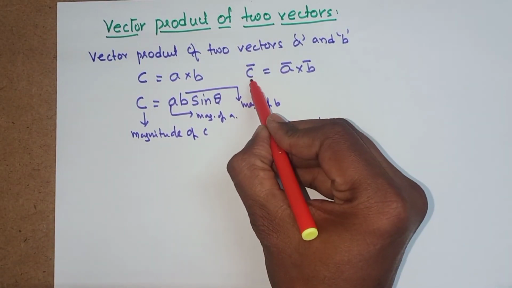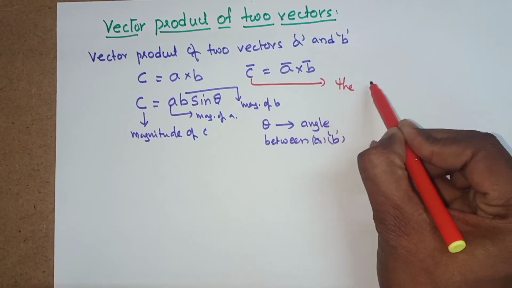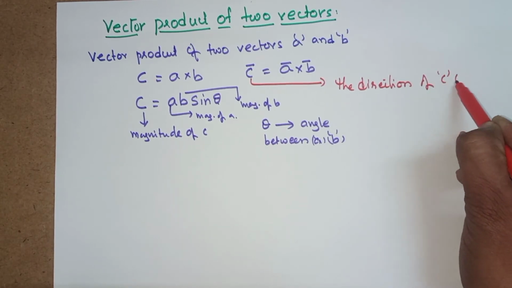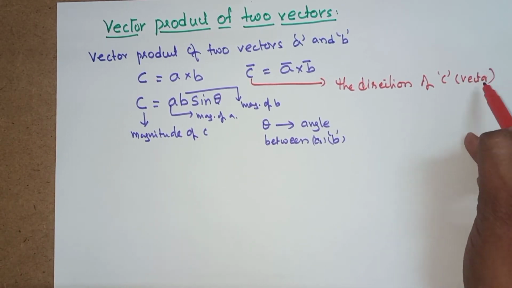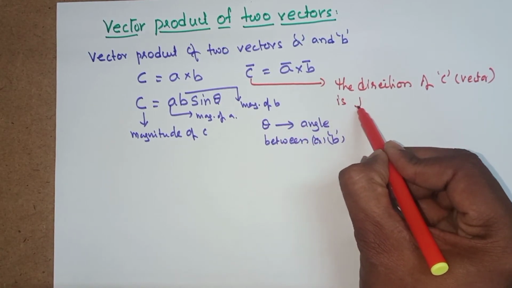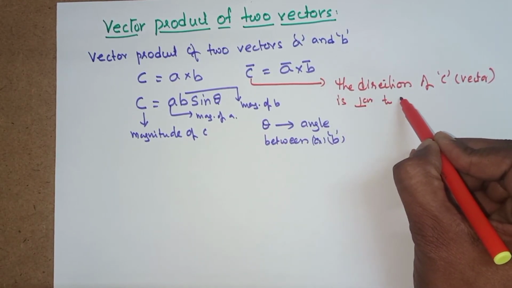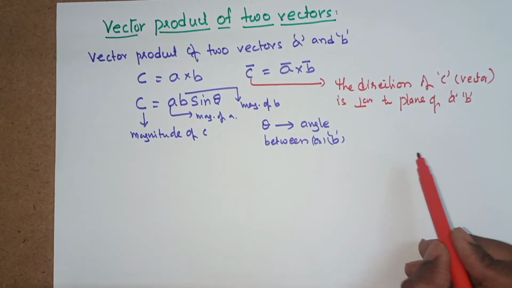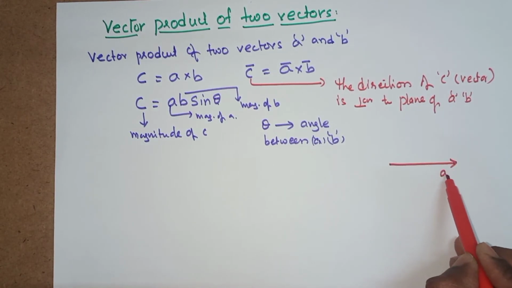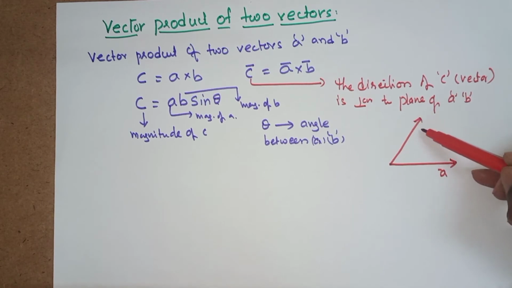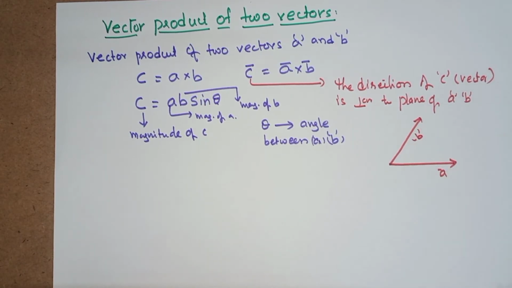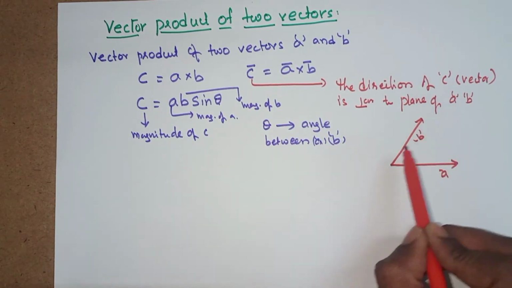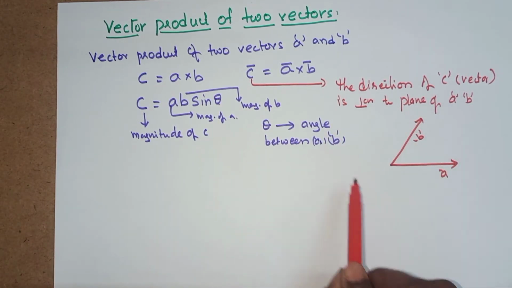What is the direction of C? C is a vector, and its direction is perpendicular to the plane of A and B. Let's say this is vector A and this is vector B. A and B are in the xy plane, a two-dimensional plane, like this paper plane.